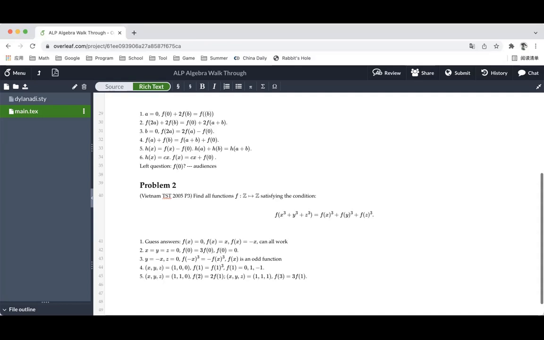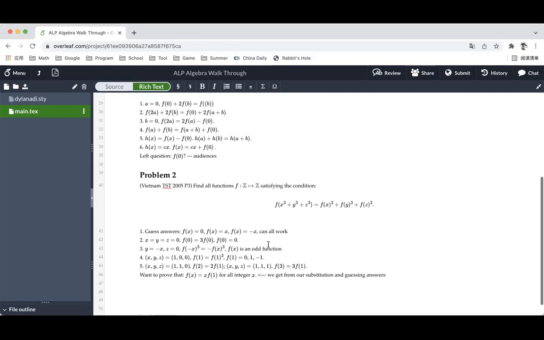So from here, we can guess the answers, and we want to prove that f(x) = x f(1) for all integers x. This is something that we get from our substitutions and guessing answers. It is not guaranteed correct, but basically correct.